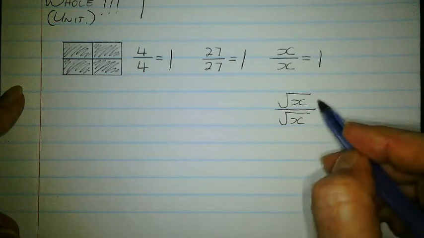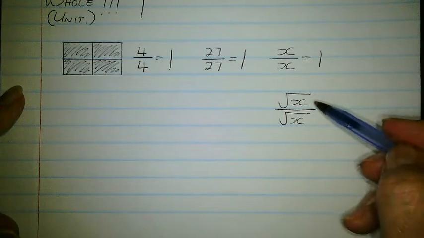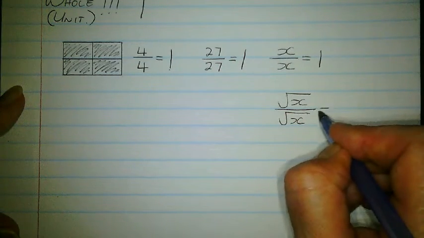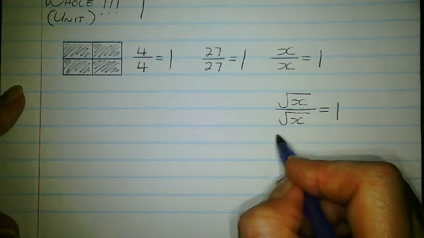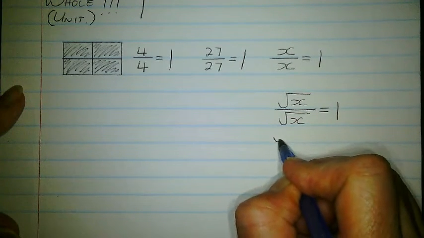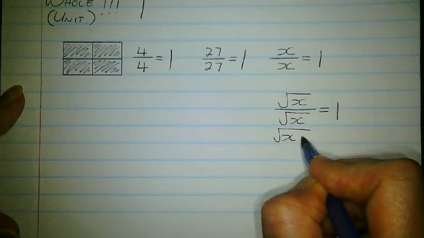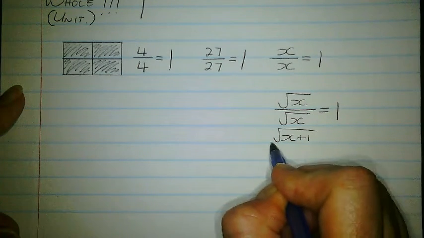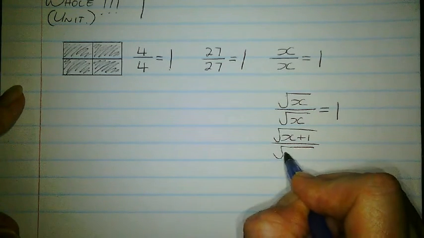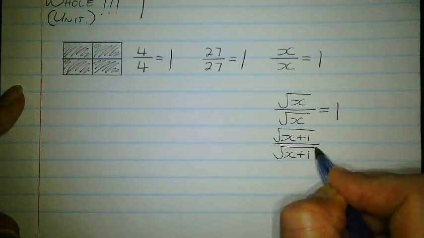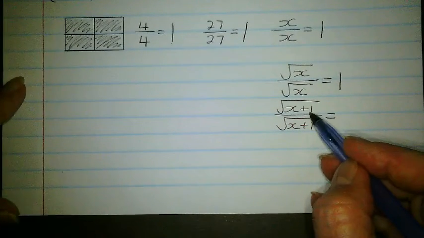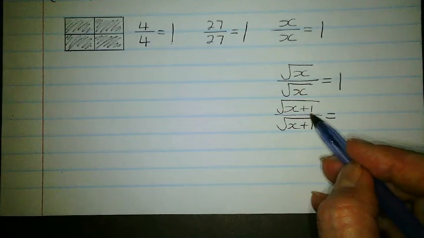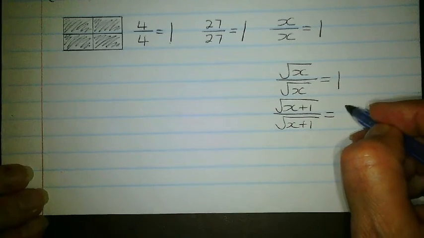And again, if my numerator and my denominator is exactly the same, my answer will be 1. Okay, then if you, for example, go to grade 11, you're going to have x plus 1 over the square root of x plus 1. Okay, again, if my numerator and my denominator is exactly the same, then I'm going to have 1 or 1 unit.